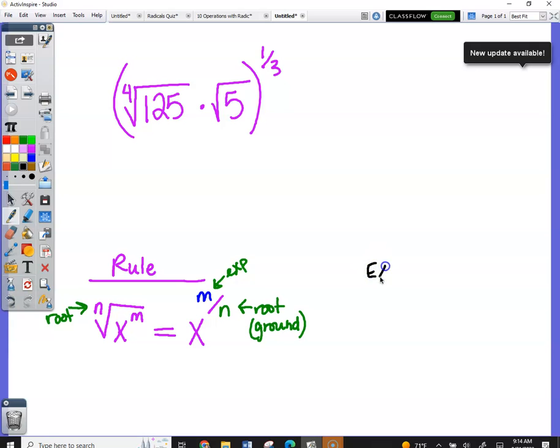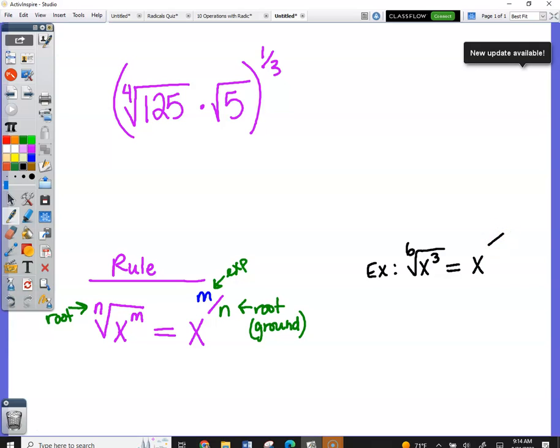So, for example, if I gave you the 6th root of x cubed, and I told you to simplify it, you would rewrite it using the rules. Keep the base. You know this is going to be a fractional exponent.